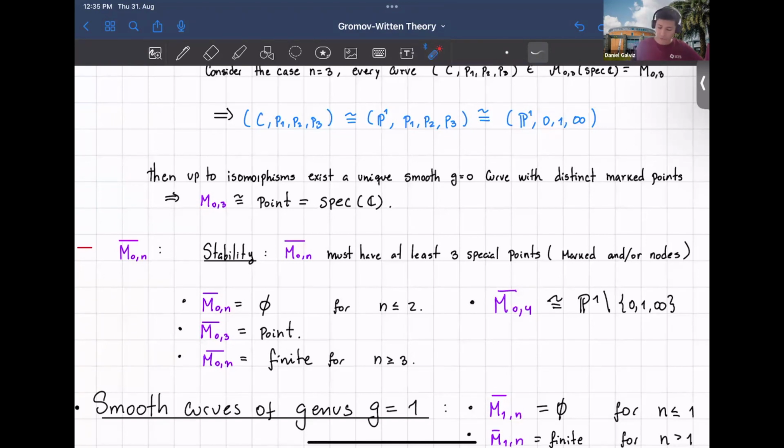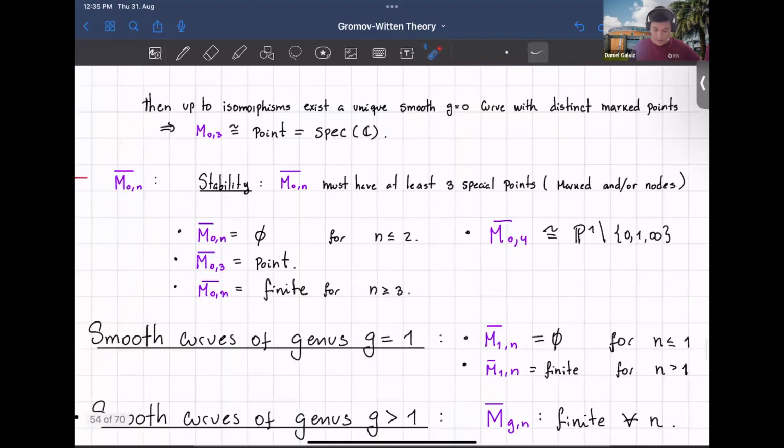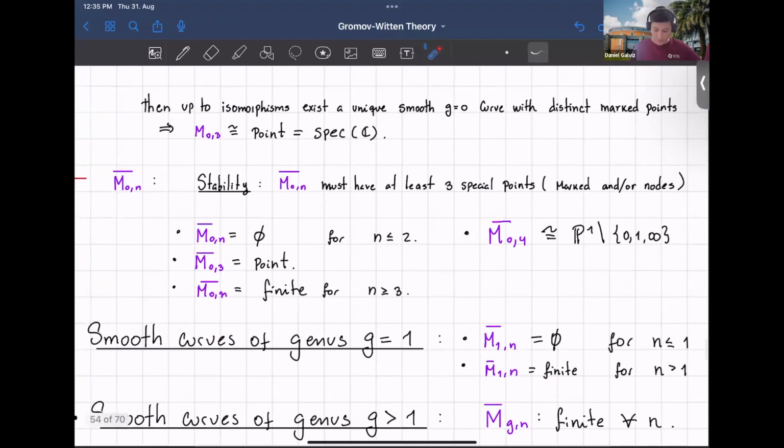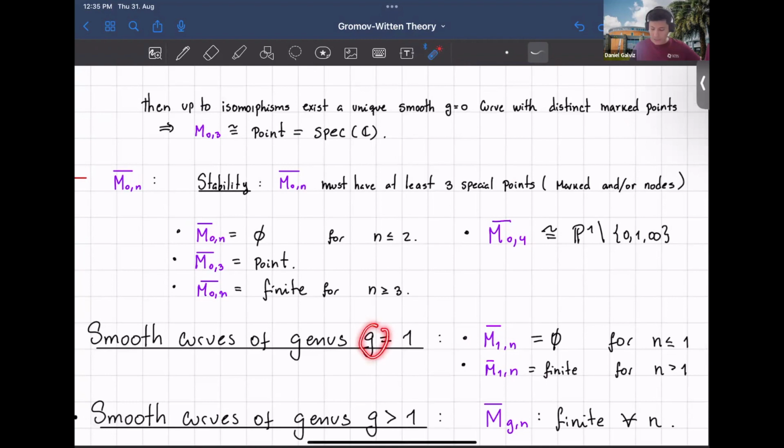And of course, you have to count up to isomorphism. Then another case is genus 1, and this is again empty when n is lower than or equal to 1, and it is finite when n is greater than 1. So from n equals 2, you have something that is finite and well defined.